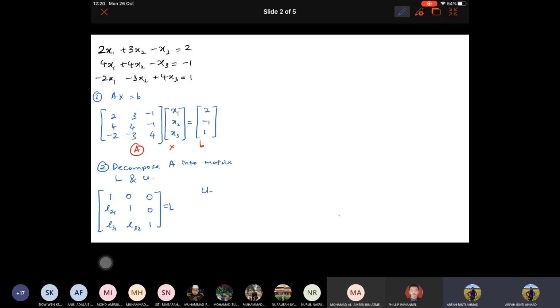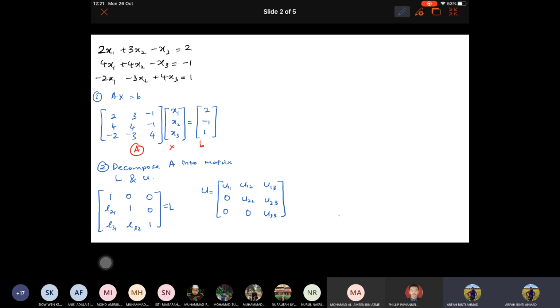Okay, and matrix U awak akan ada satu matrix yang mana ianya adalah U11, 0, 0, U12, U22, 0, U13, U23 and U33. So ini matriks awak.